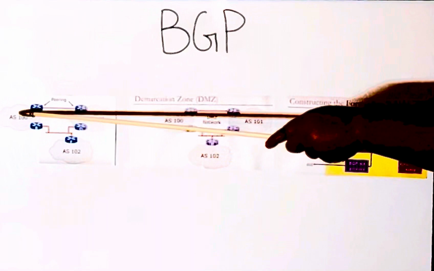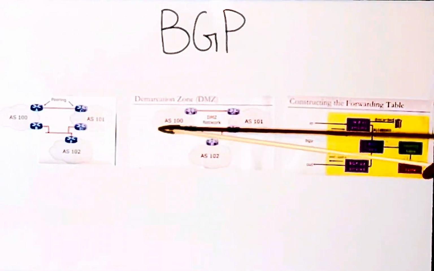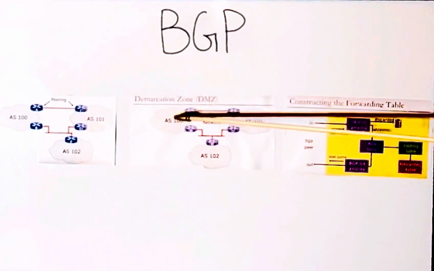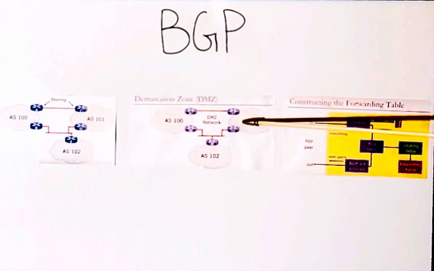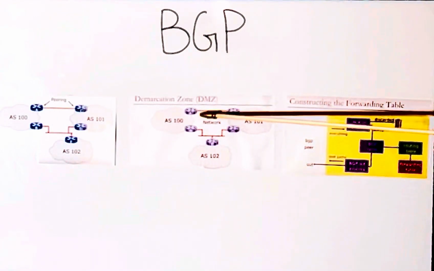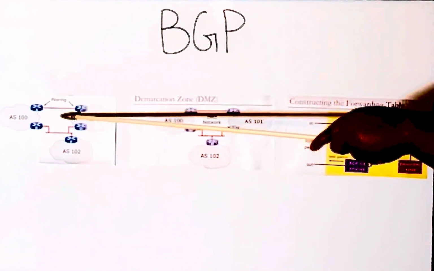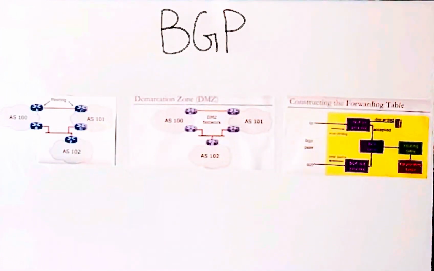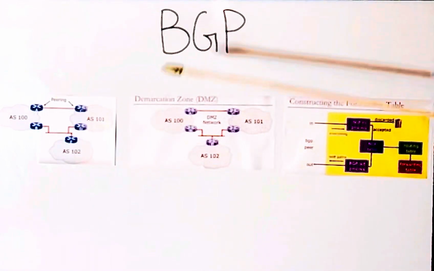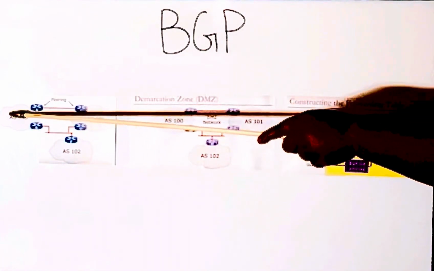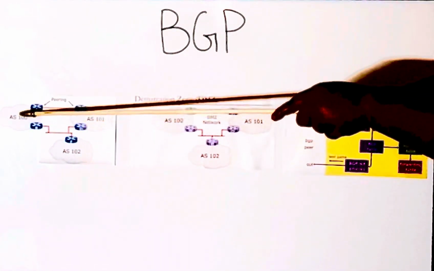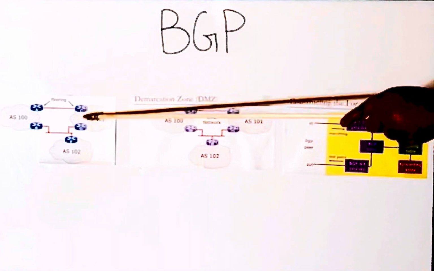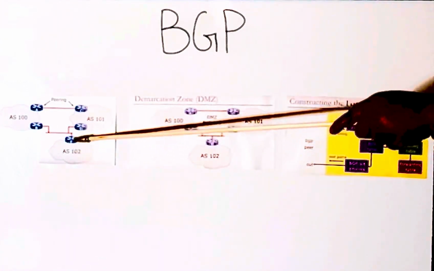So, like this here, these two autonomous systems are connected via eBGP. iBGP, on the other hand, spreads the information within a single neighborhood. So the connection inside this AS would be iBGP, the ones inside these neighborhoods here.